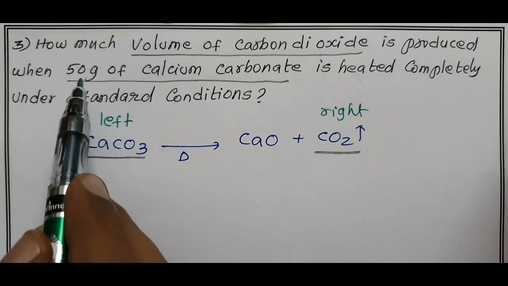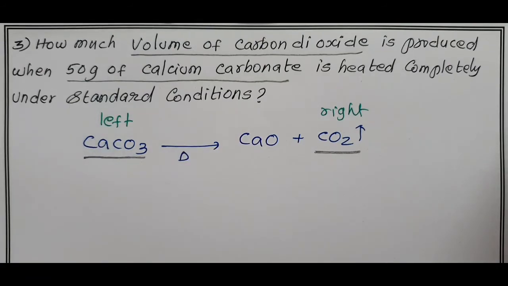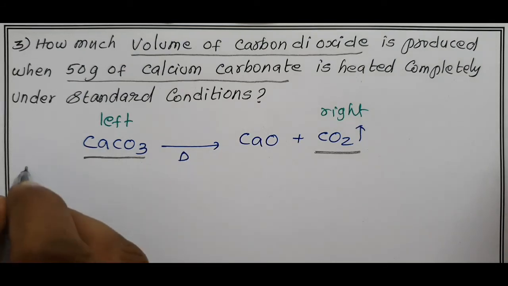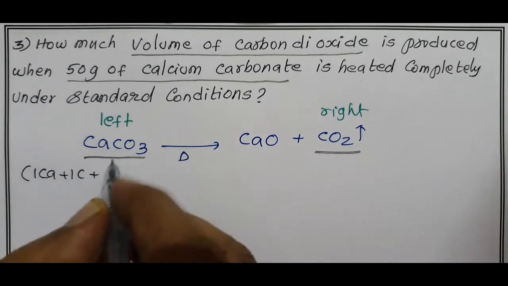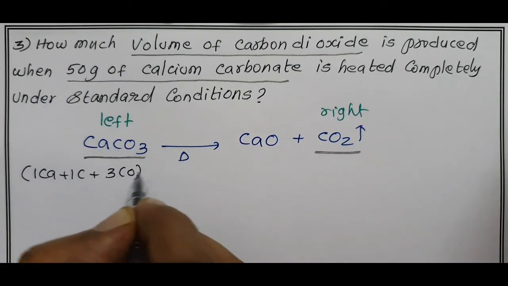But the amount of calcium carbonate is given, from the equation first we have to calculate the molecular mass of calcium carbonate, containing 1 calcium plus 1 carbon plus how many oxygen? 3 oxygen.